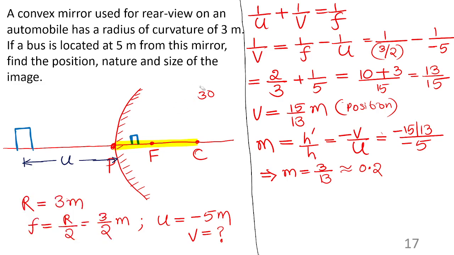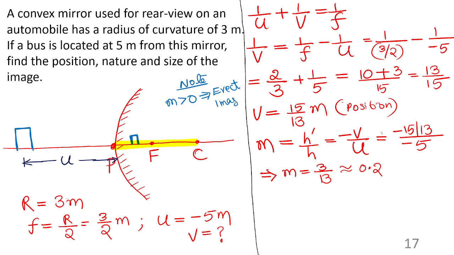Look at the sign of the magnification. Please note, I will write one property here. If magnification is positive, it is an erect image. You can write it as a note somewhere.